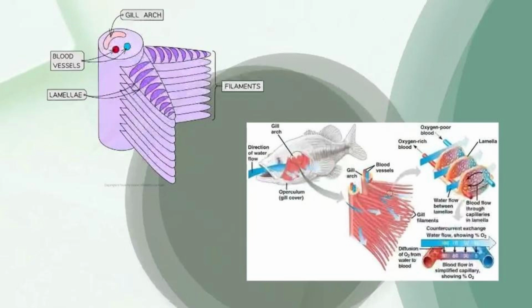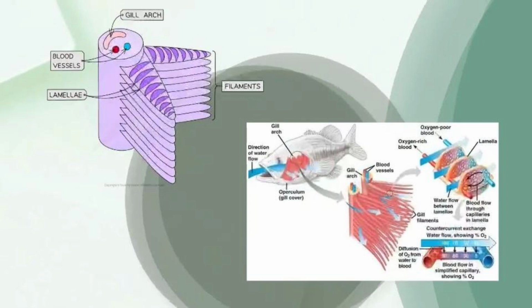So the way this works is the fish opens its mouth, and this is followed by the lowering of the bottom of the mouth. Textbooks are going to refer to the mouth as the buccal cavity. So the bottom of the mouth drops down, the mouth is open and water flows in.